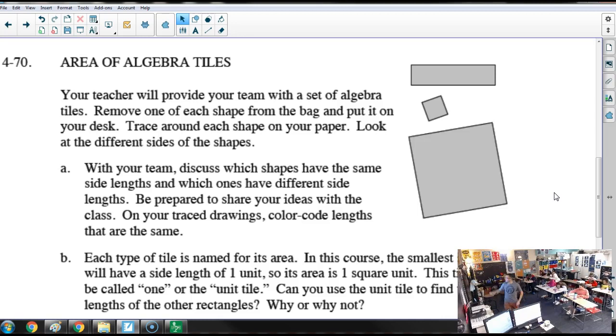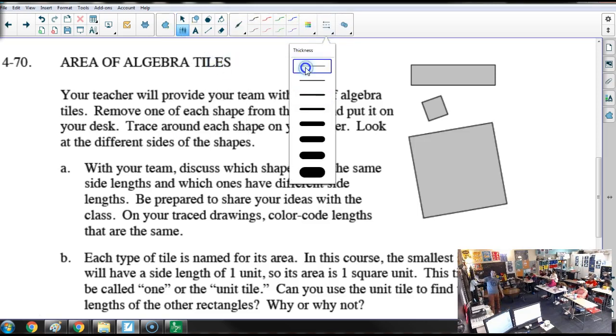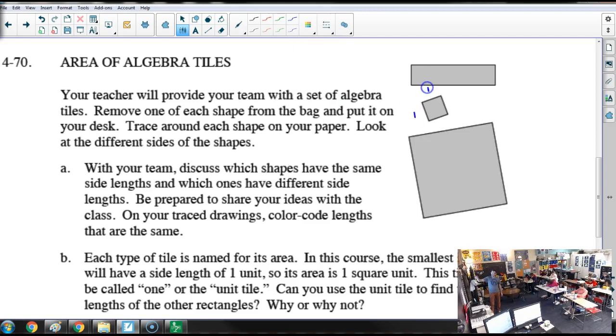And so the little square, I think we worked with algebra tiles a little bit this year. Anyone remember what the little square is? 1. It is 1. So please, on the edges of that little square, put a 1 and a 1. And inside of it, put a 1. Because a 1 by a 1 makes a 1.